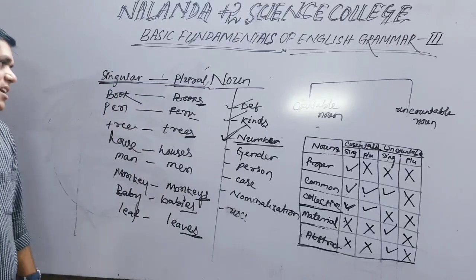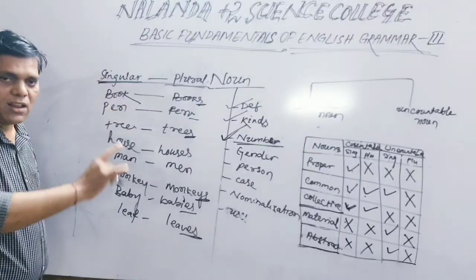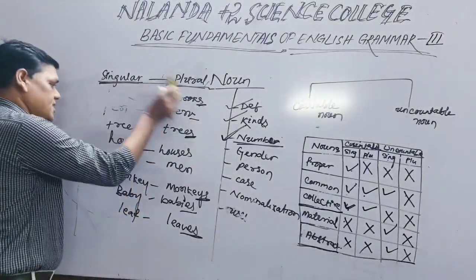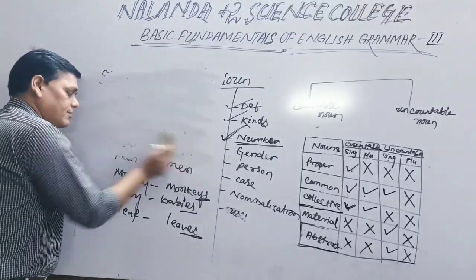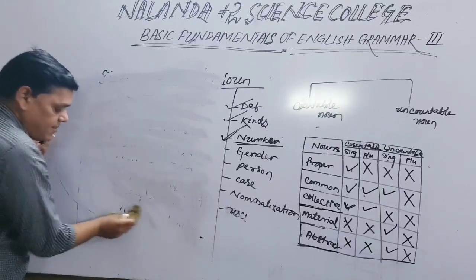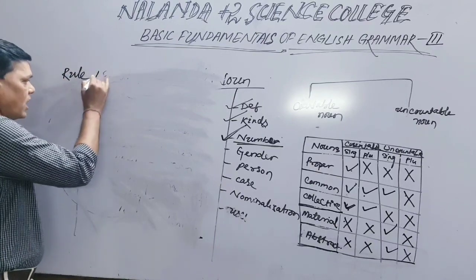Understood, students? Let's go for the changing process of noun from singular to plural with rule number 1.